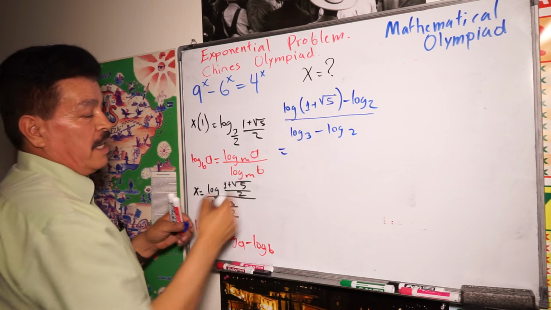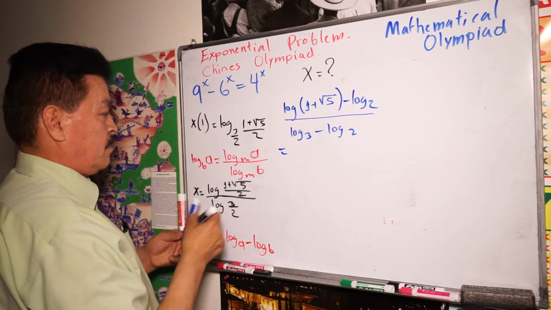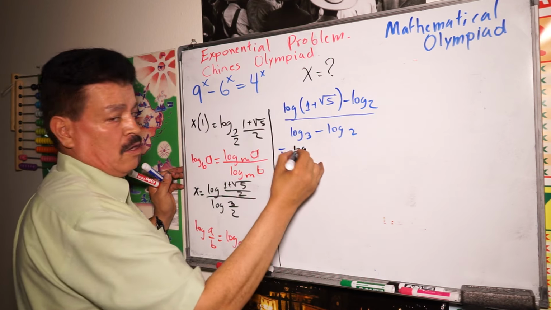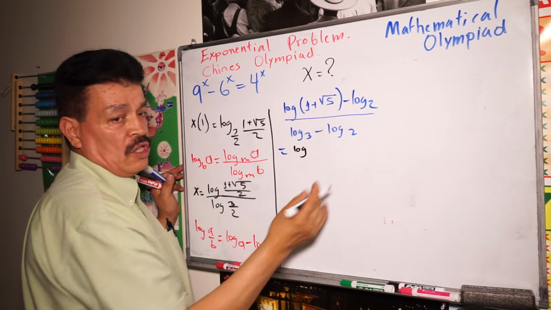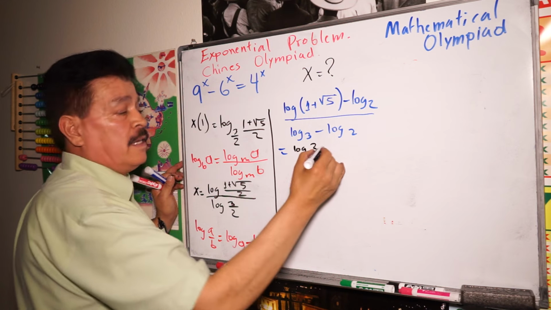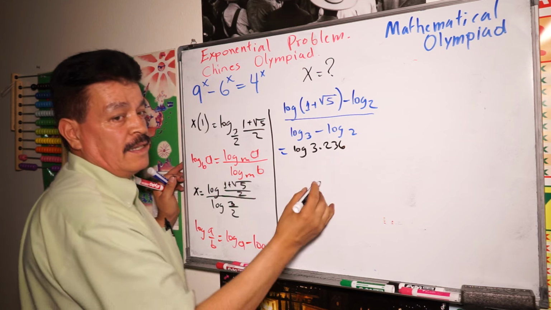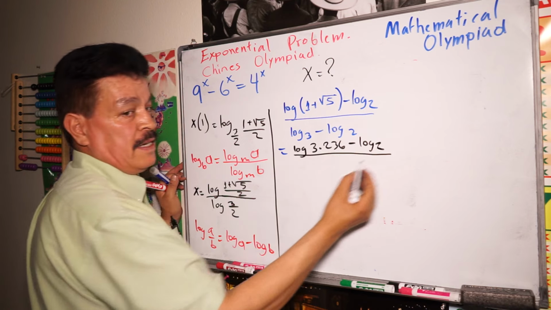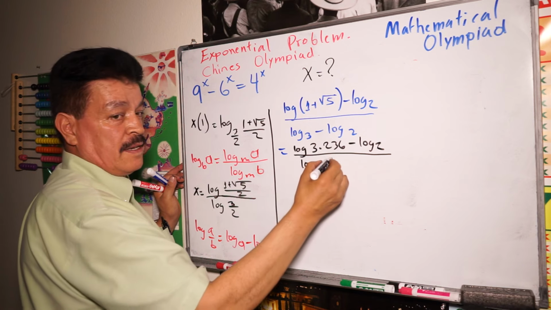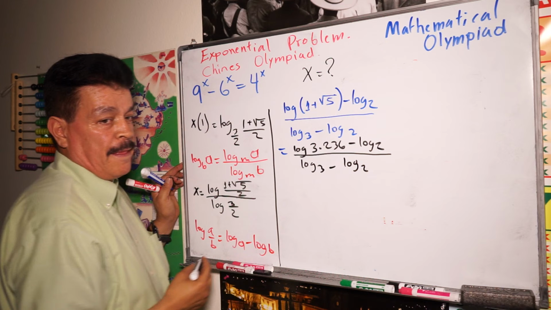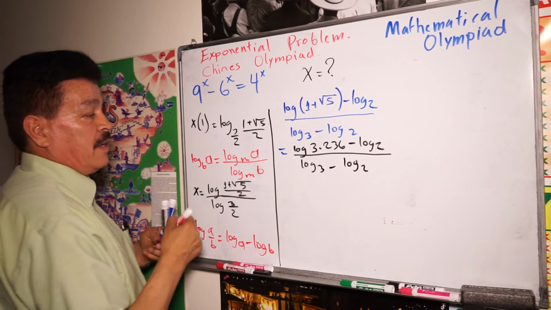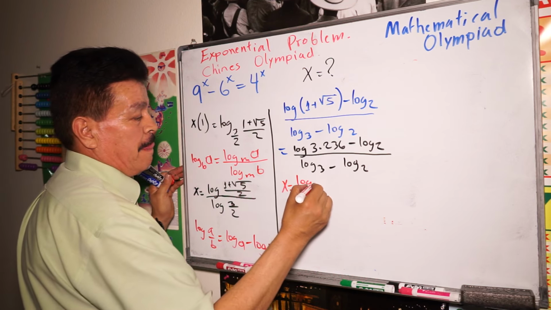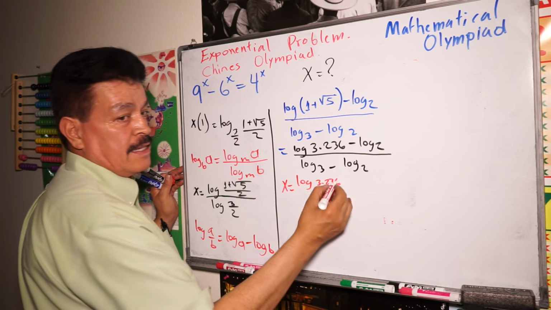This is going to equal, you solve the problem, you're going to get log 3.236 minus log 2 over log 3 minus log 2. You solve, we are going to have x.